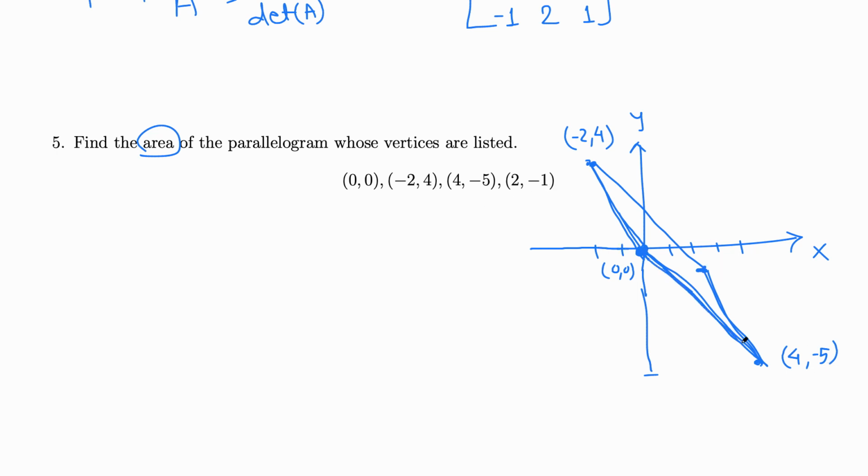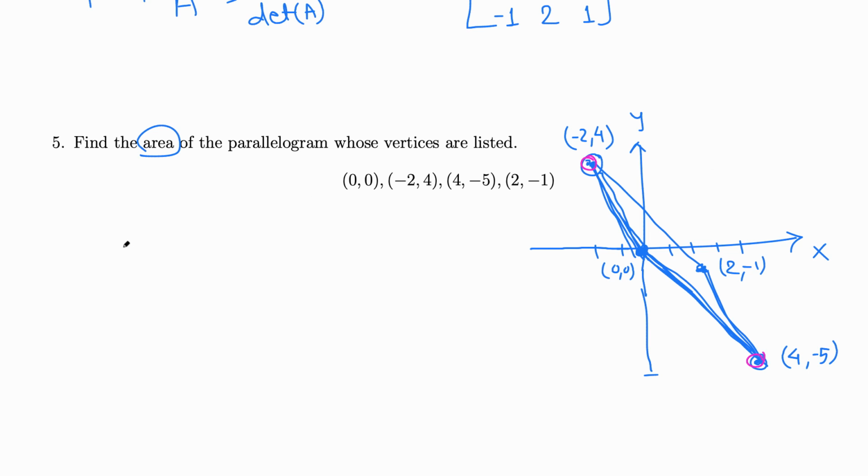So these are the two adjacent sides. So we just use these 2 points because the sum of these two, look, negative 2 plus 4 is just 2, and 4 plus negative 5 is negative 1. So this is 2, negative 1. That means we need to use these two coordinates to find the area.